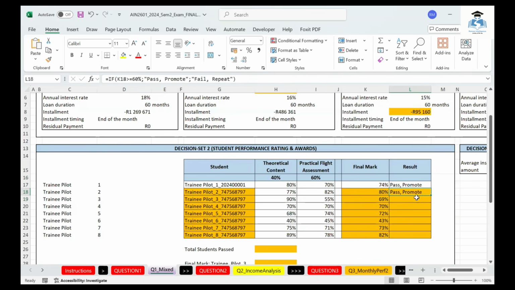Then I'll just drag my formula. So you see the importance of writing the formula correctly. When you drag it, it will just populate what you have put inside.